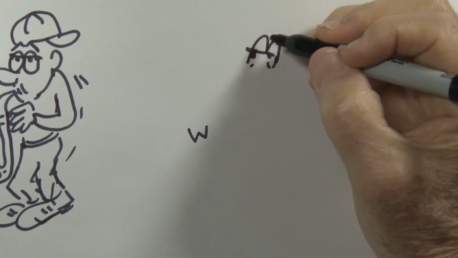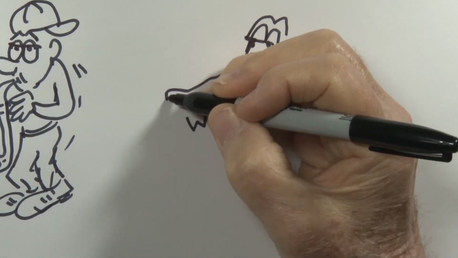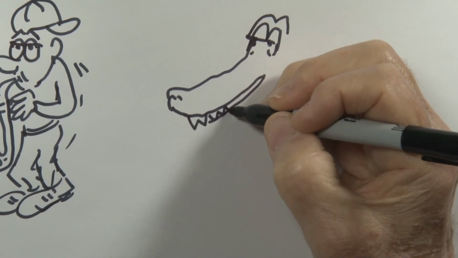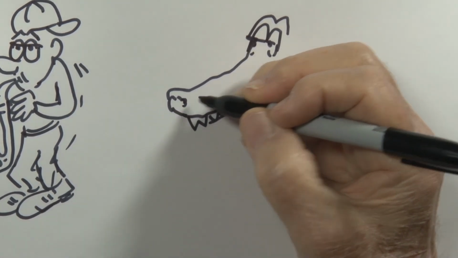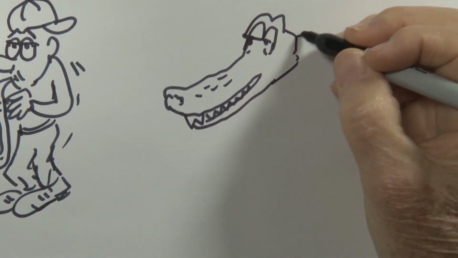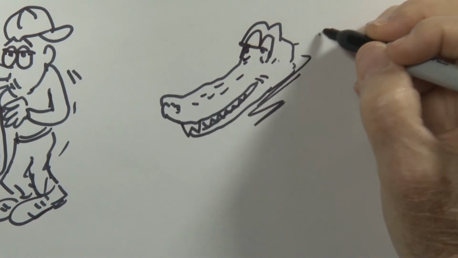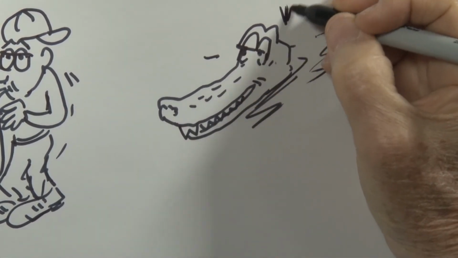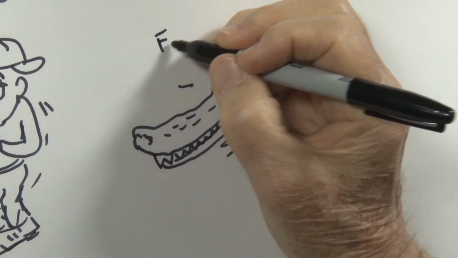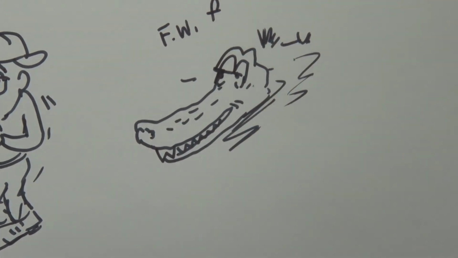But what about the W? Well, let's go out to the bayous and the swamps for inspiration. And first thing you know, we've got a rather sleepy looking alligator out in the swamps. FW, using an F kind of like that.